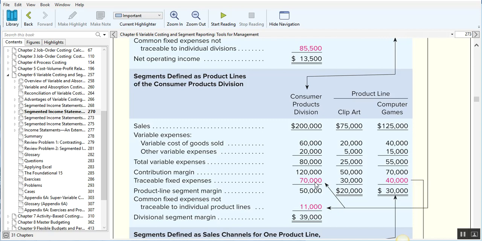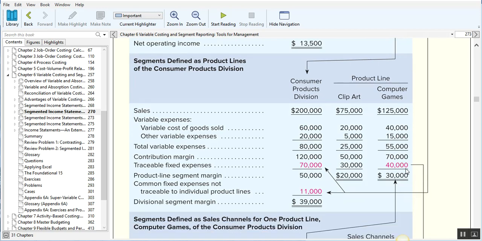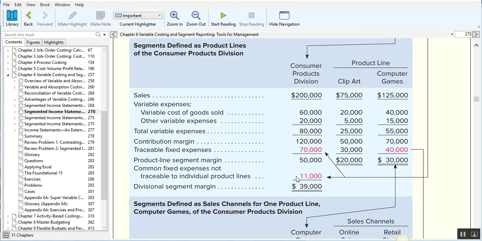Notice we have the traceable fixed expenses here of $70,000, and we've identified exactly where they go and which product line. Here we have the common fixed expenses that you can't trace to individual product lines.